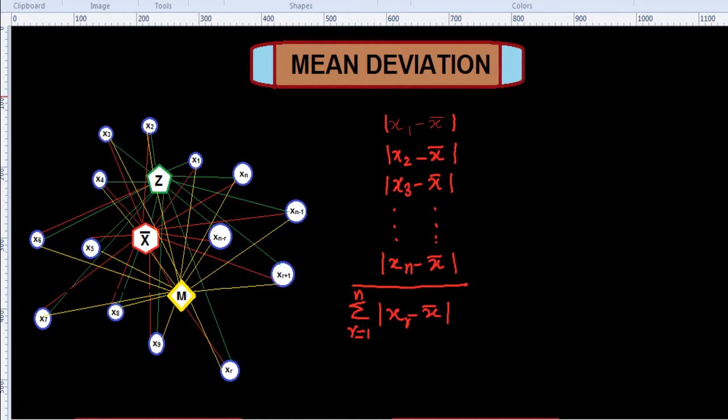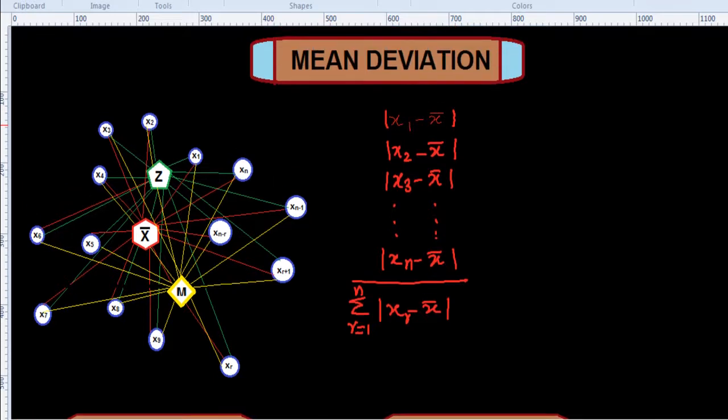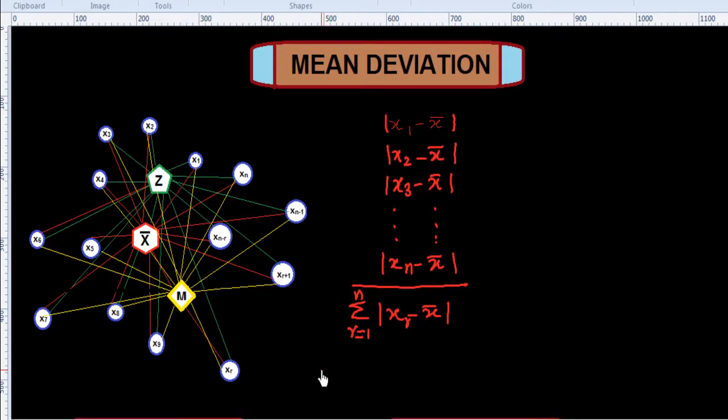So the formula is: delta x bar is equal to the summation of mod x minus x bar, over n. n is the total number of terms, or the total number of deviations. So this we have got here.